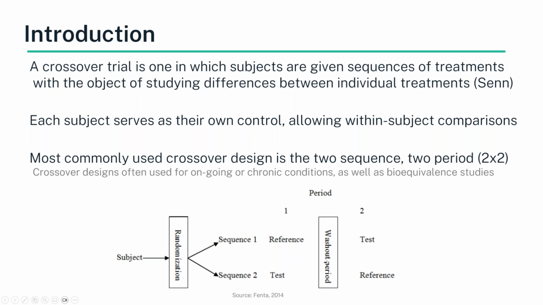The washout period here is very important. It is a period of rest between the treatments in order for the subject to return to baseline conditions. This is done so that the effects of the first treatment that the subject undergoes aren't carried over into the second.